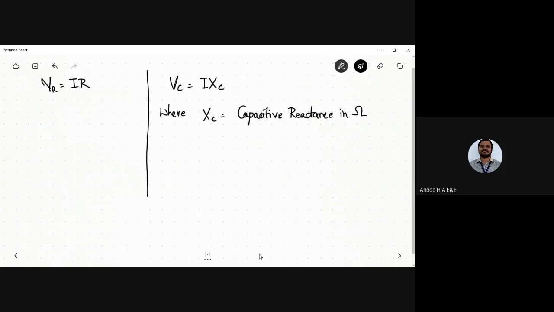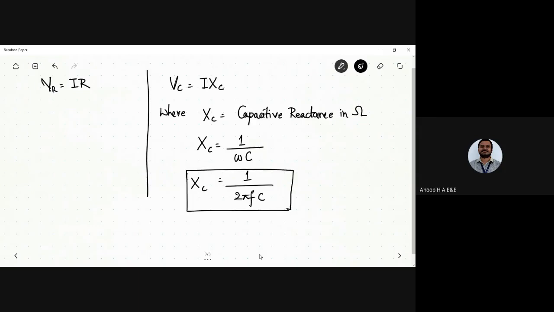XC will be equal to 1 divided by omega into C, that is 1 divided by 2 pi f into C. If the capacitance is increased, the capacitive reactance decreases.